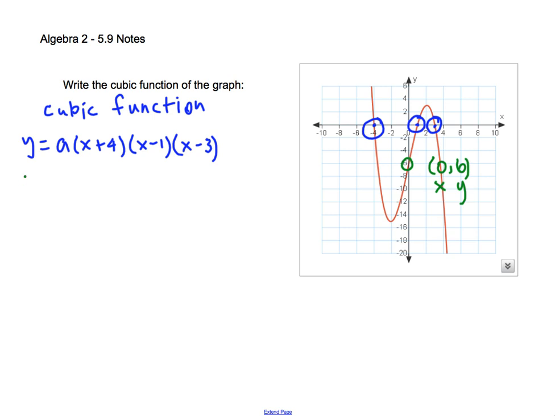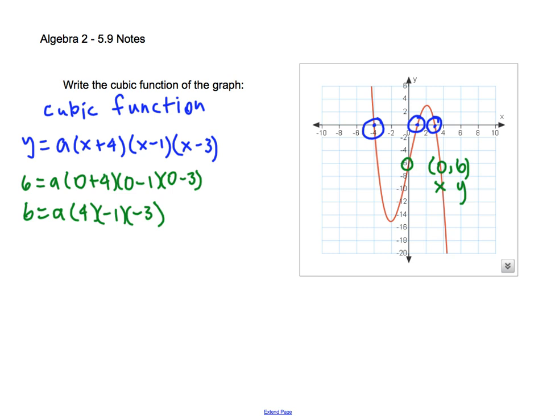And so I just substitute in my numbers. 6 equals a times 0 plus 4, 0 minus 1, and 0 minus 3. And then I just solve this guy for a. And once I solve it out for a, I've got an equation. There's nothing else that I'm going to need to do. So 6 is equal to a times 4 times -1 times -3.